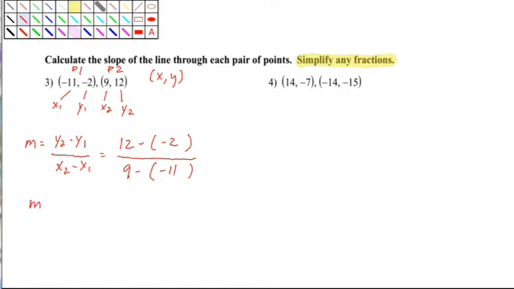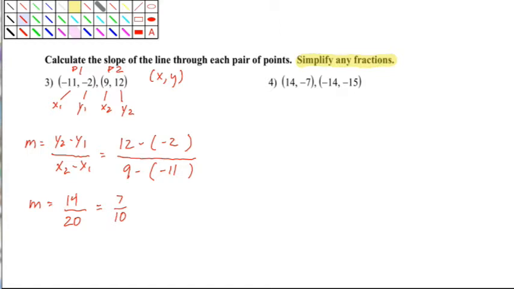So when I simplify this, m becomes 12 plus 2 is 14, and 9 plus 11 is going to be 20, but I can reduce that fraction. I can divide both top and bottom by 2, and I get 7/10. So the slope is 7/10.